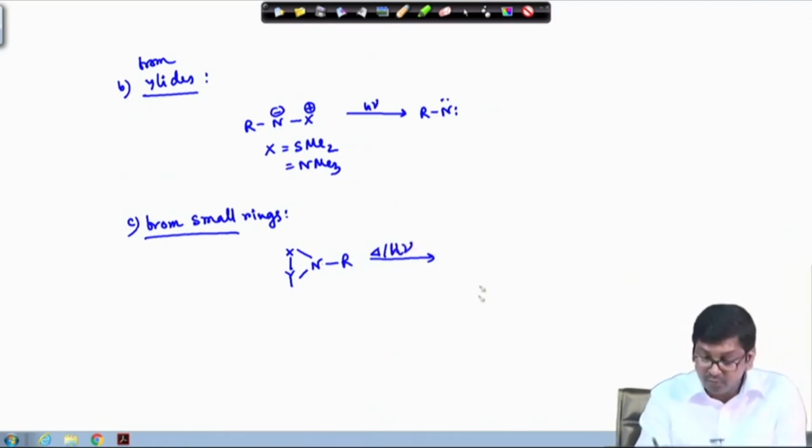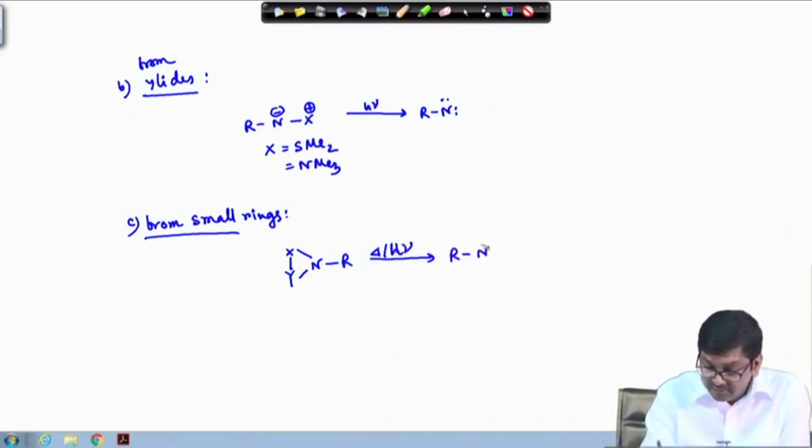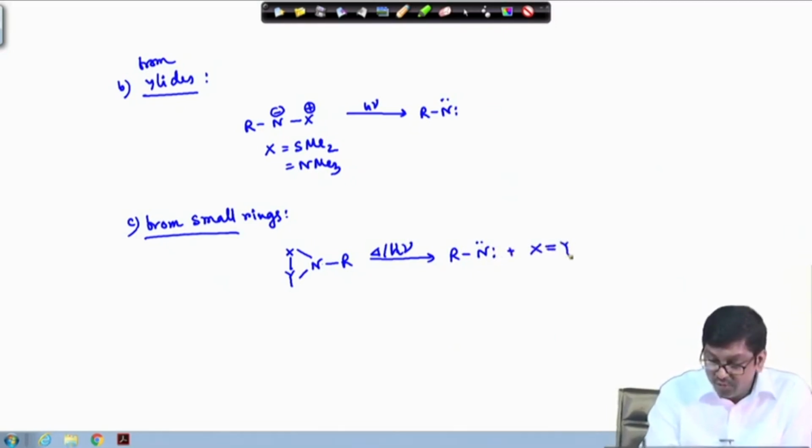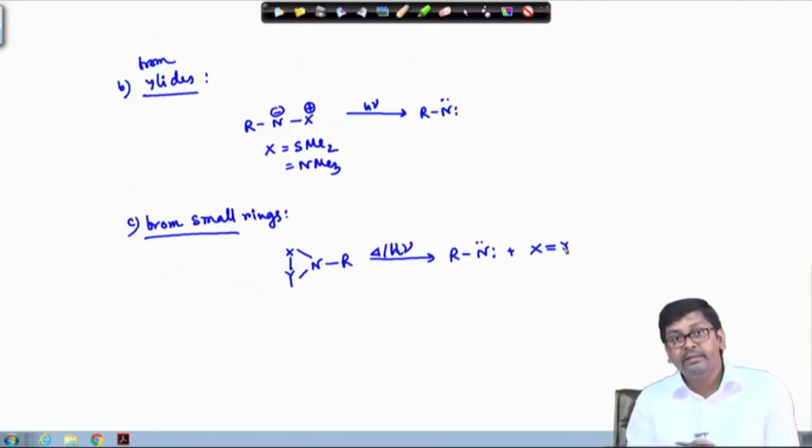Under thermal or photochemical conditions, that gives the nitrene plus some small molecule will be eliminated.